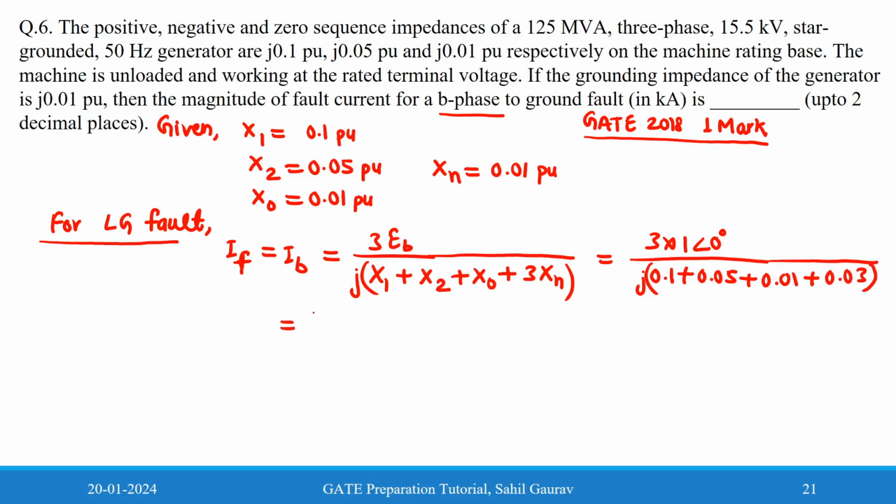So it will be 3 divided by j0.19, which is minus j15.789 per unit.